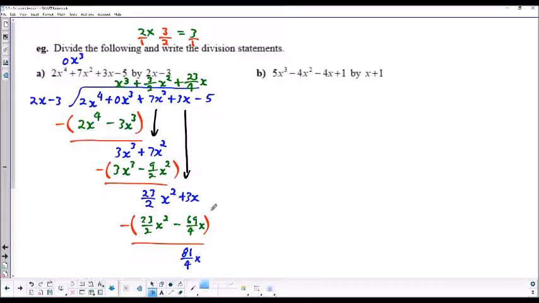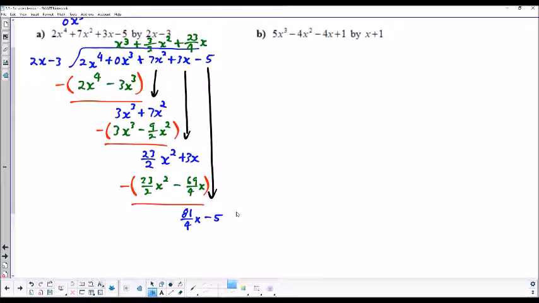And the last thing we have to do is now bring down this negative 5. Again, same sort of idea. We have to now find out what do you multiply 2x by to get 81 over 4x.